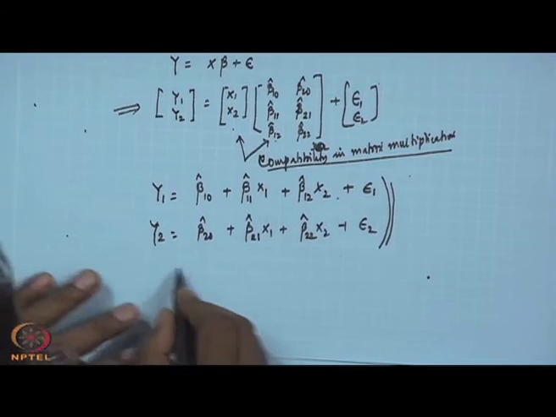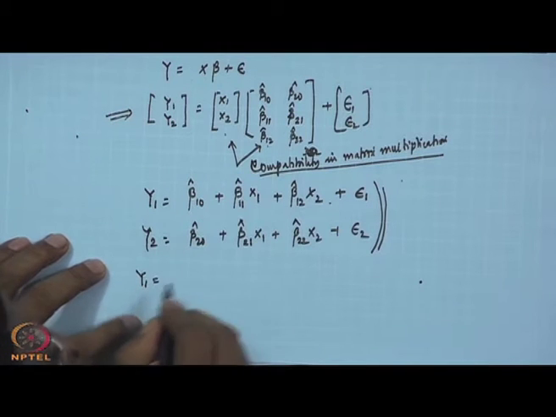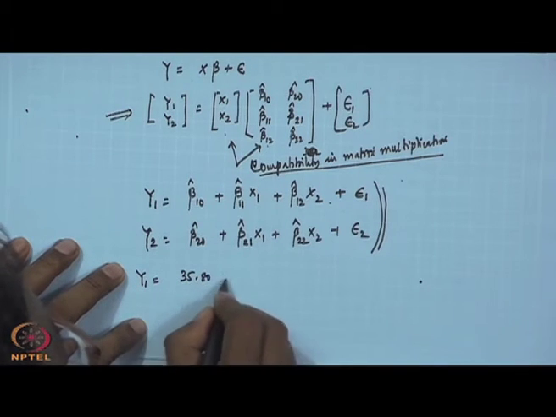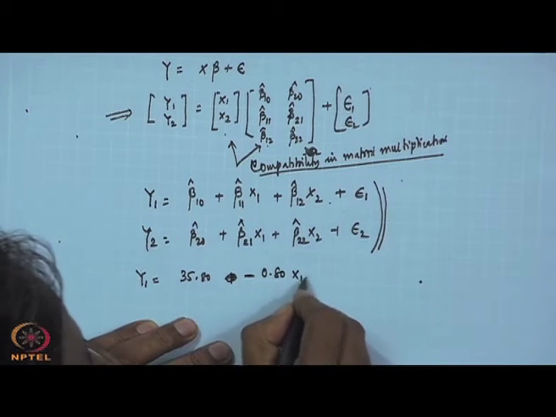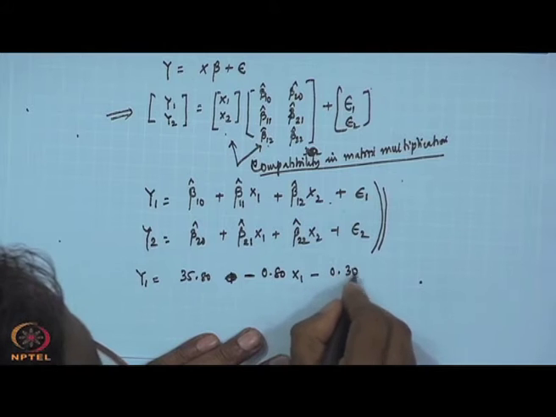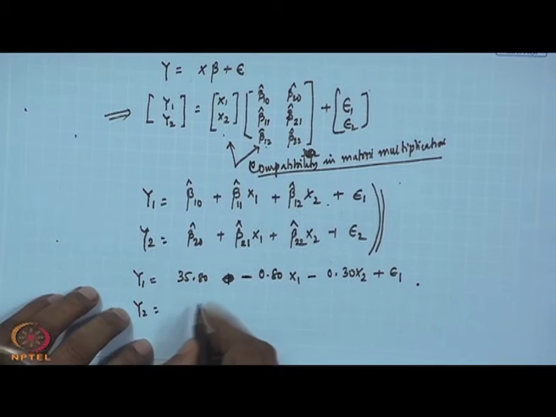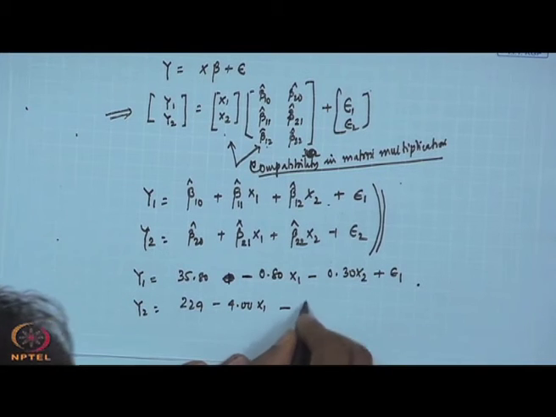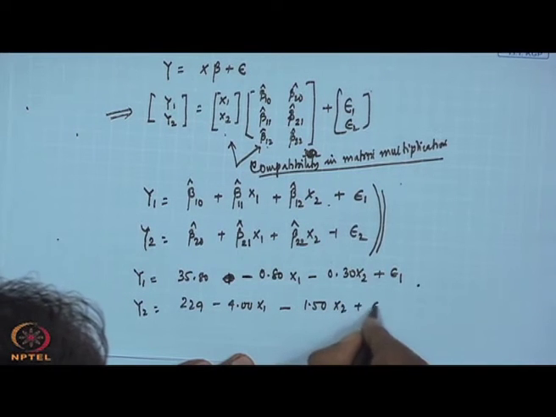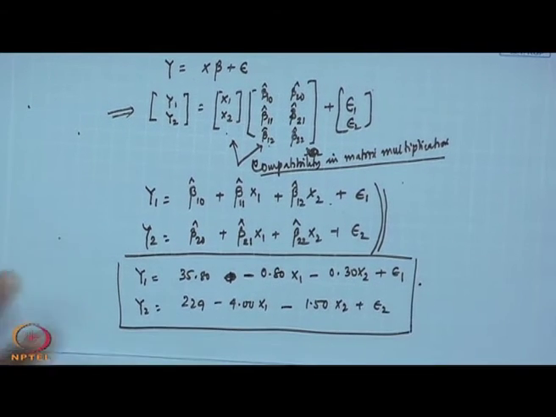So in our case you can write that y1 equals 35.80 minus 0.80 x1 minus 0.30 x2 plus epsilon 1, and your y2 is 229 minus 4.00 x1 minus 1.50 x2 plus epsilon 2. This is the example data.